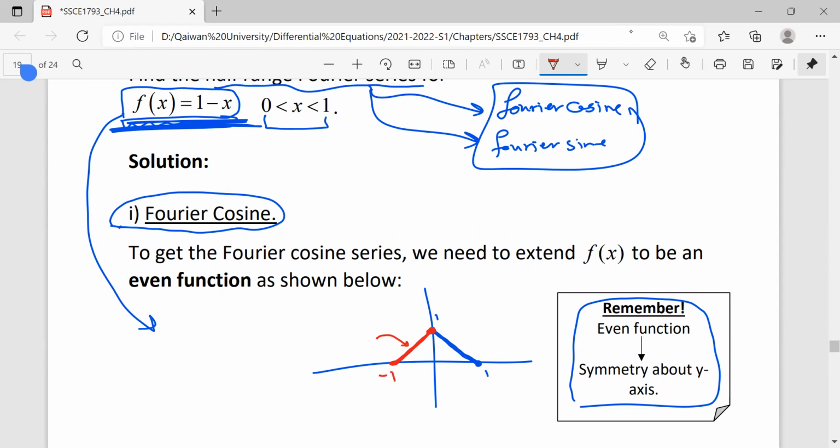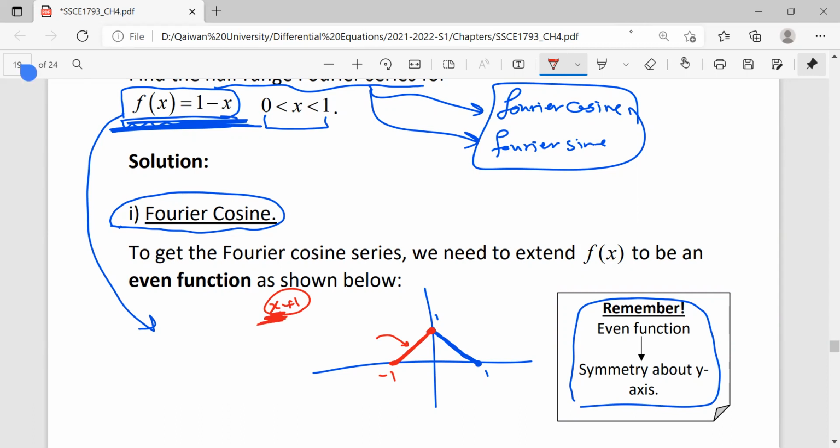It's -1, that gives 0, and at 0 it gives 1. That means it is x plus 1. Look, if we replace x by -1, we get 0, and if we replace x by 0, we get 1.